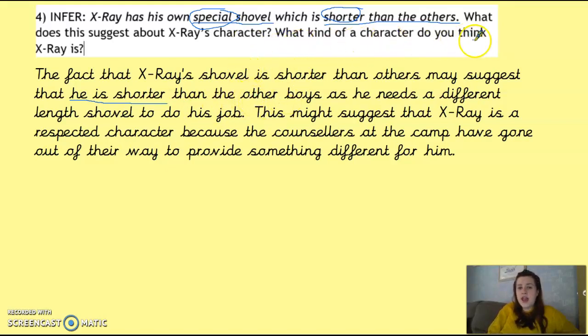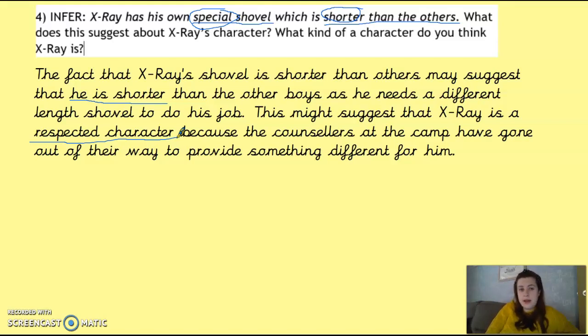And about the kind of character he is, now it specifically says he's got his own special shovel. And the word special is really important in this because it gives us some clues. Because that might suggest that X-Ray is special. It might suggest that he's respected by the counsellors at the camp because they've gone out of their way to provide something different for him, to give him a special shovel.